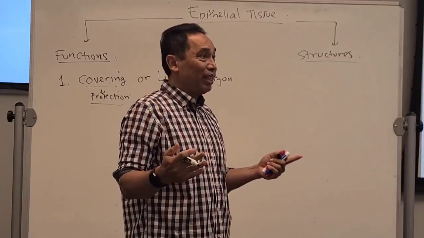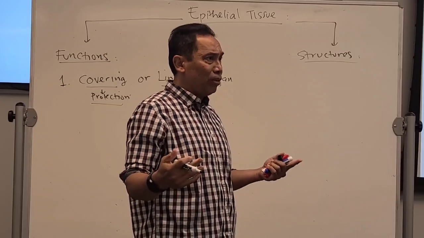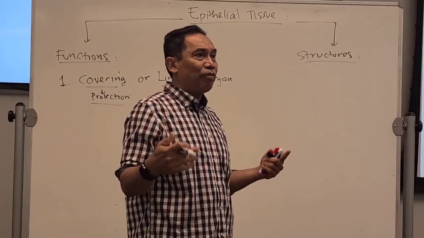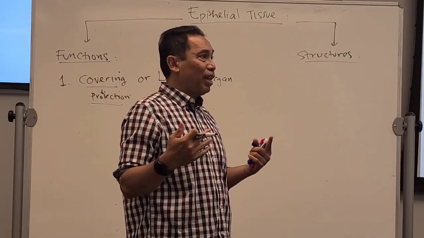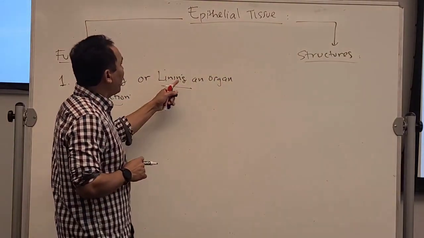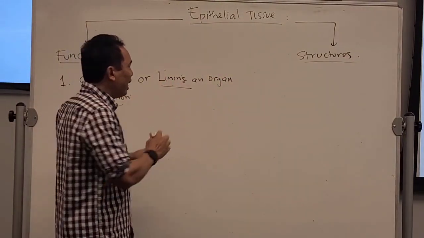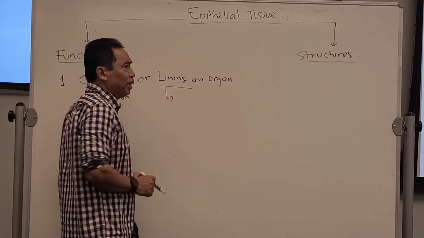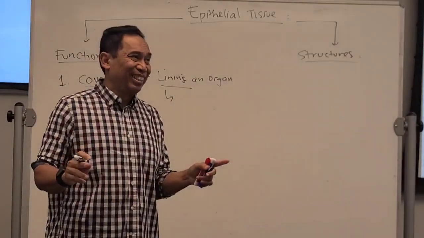You with me? It's lined by the epithelial tissue, including your lungs. The alveolar sac of the lungs is actually lined by this epithelial tissue. If it is lining, then there will be several functions.